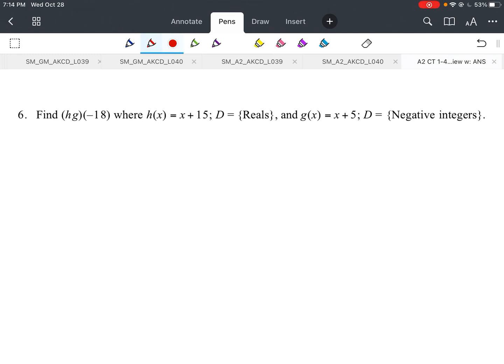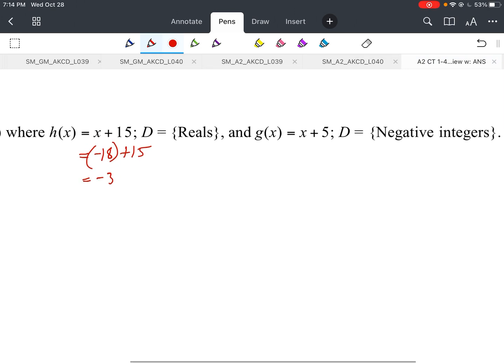In other words, h of x, you can just put -18 in there, plus 15, which is -3. And then you can also go over here and do g of x for -18. -18 plus 5 is -13.